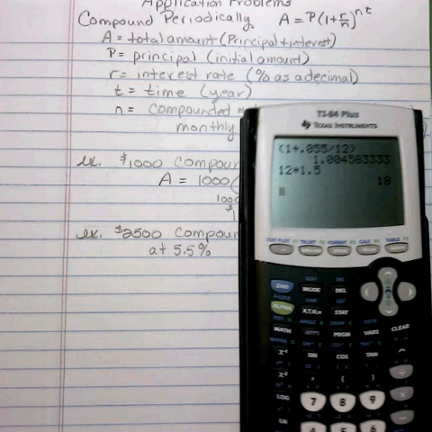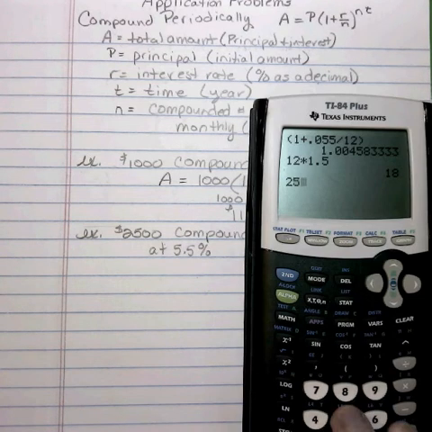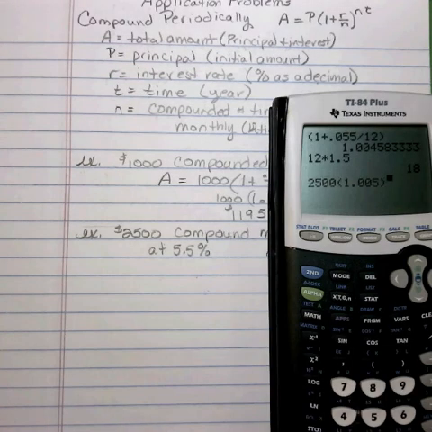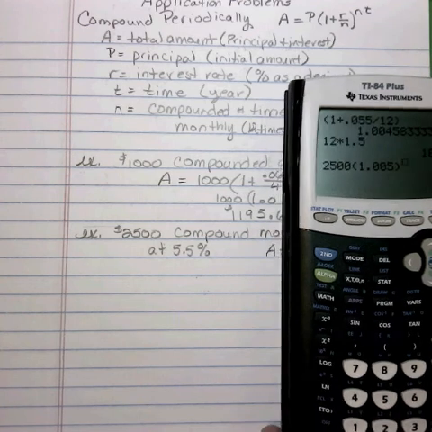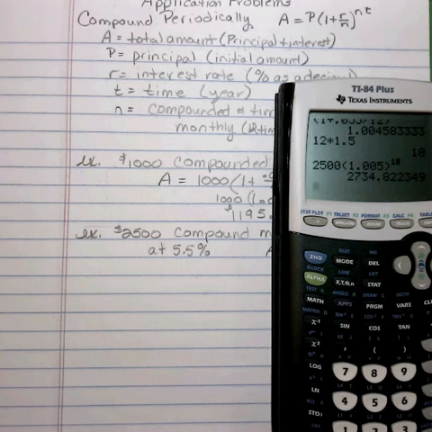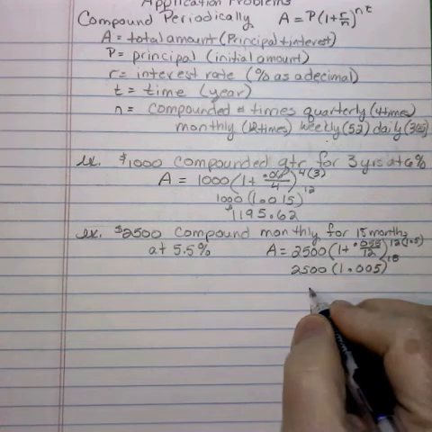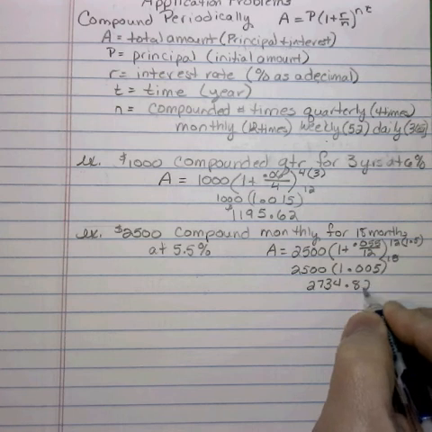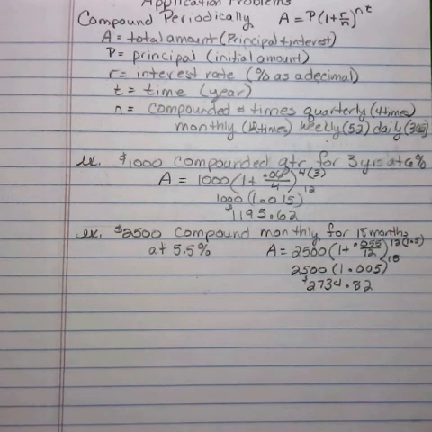So my next step would be 2,500 times 1.005 raised to the 18th power. Again, to the nearest cent, that's going to give me the total $2,734.82 when I finish that.